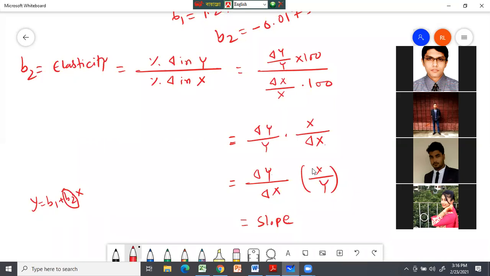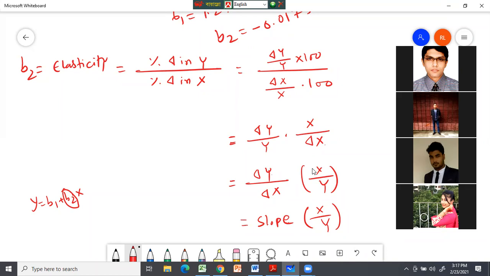That is why it is written as slope, and it would be multiplied with x divided by y. There are so many values of x and y in your sample, so you will have to take their average form, x bar and y bar. We will introduce x bar and y bar later in our calculation. But for now, just remember that the slope coefficient means the absolute change in y due to the absolute change of x.